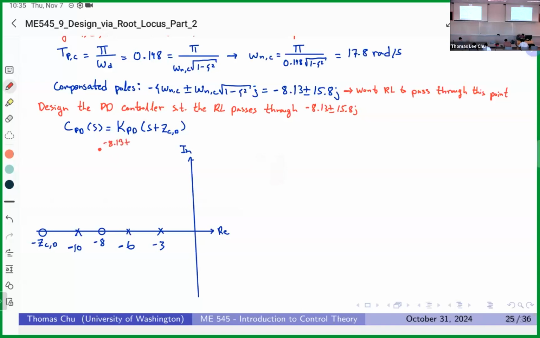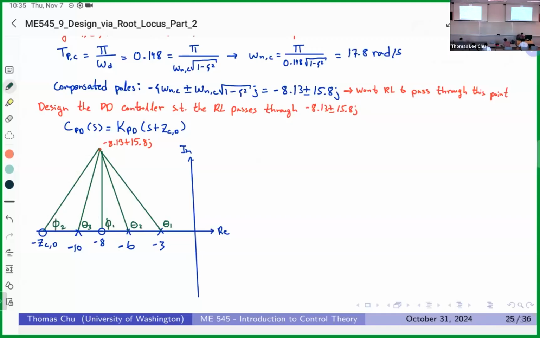And then I'm going to draw all the phasors from each pole and zero going to that point. I'm going to define theta 1 for the first pole, theta 2 for the second pole, theta 3 for the third pole, phi 1 for the first zero, and phi 2 for the second zero.